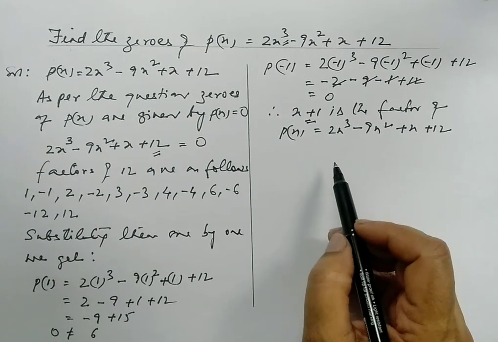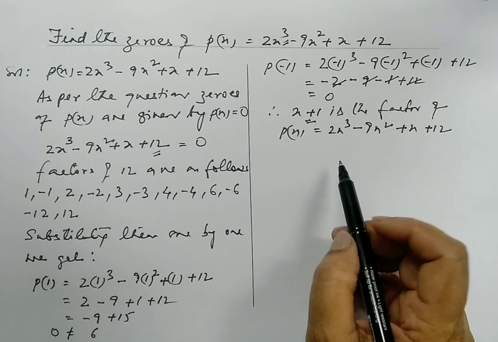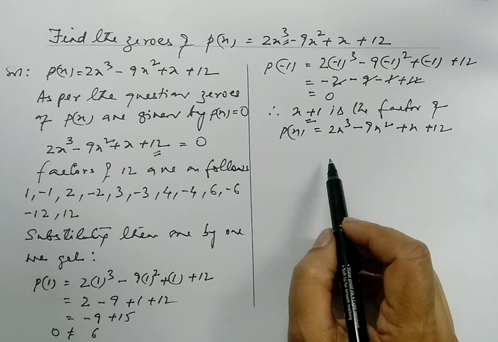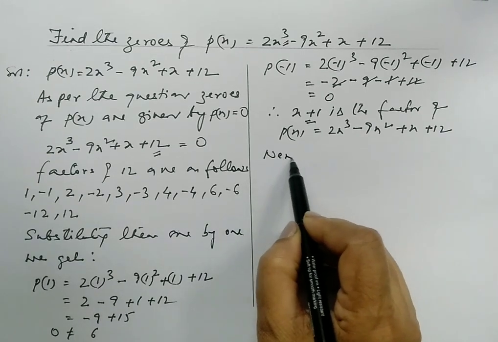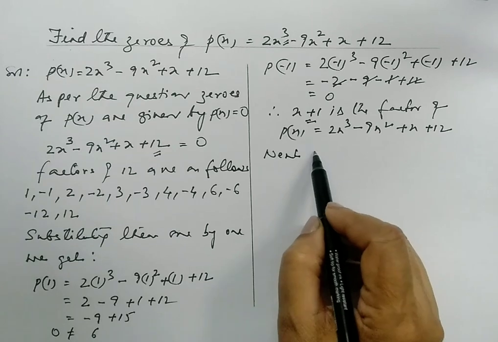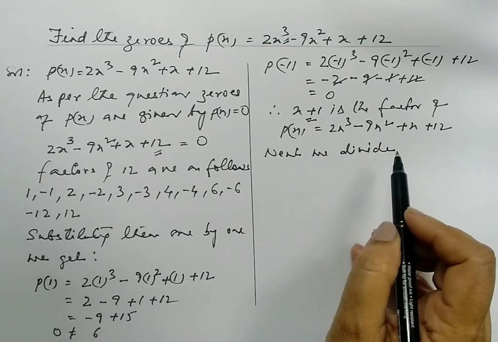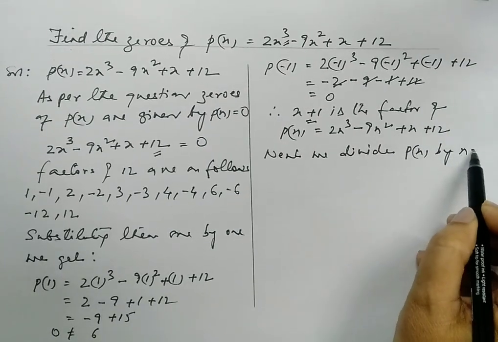We'll try and use another method now to get the other two factors, or the other two zeros. So we directly go to divide. So next we divide our p(x) by x plus 1.